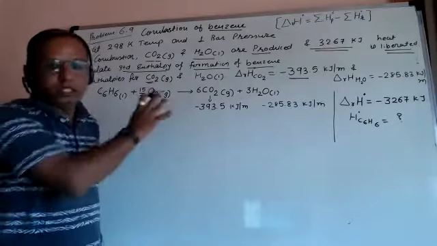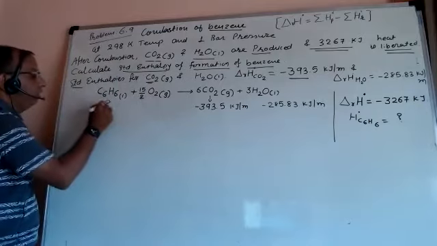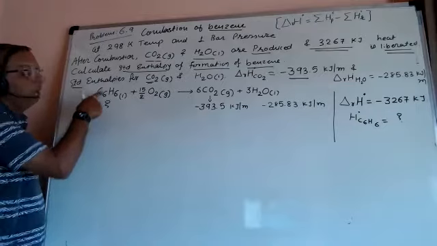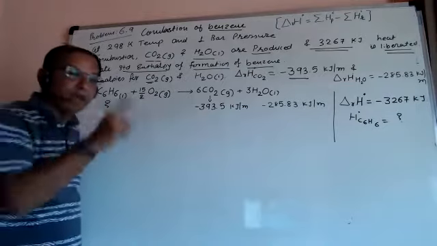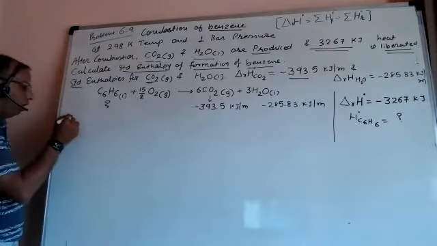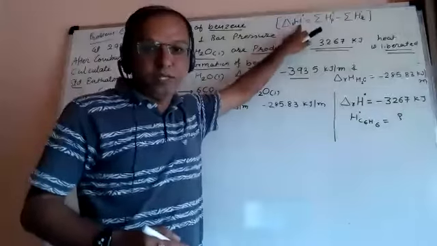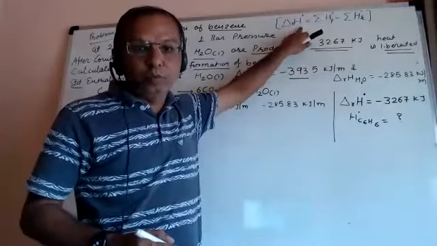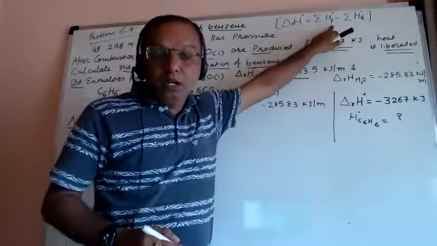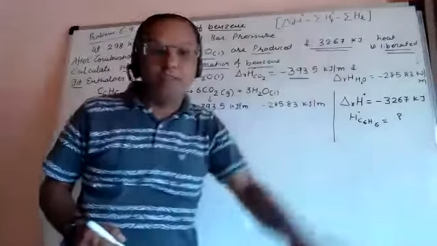By using this balanced equation, now we have to find the question mark, meaning the standard enthalpy of benzene. How is it possible? Let's check it out. The ideal reaction, which is mentioned on the right hand side of the board, you can see delta RH0 is equal to sigma H0 of products minus sigma H0 of reactants.